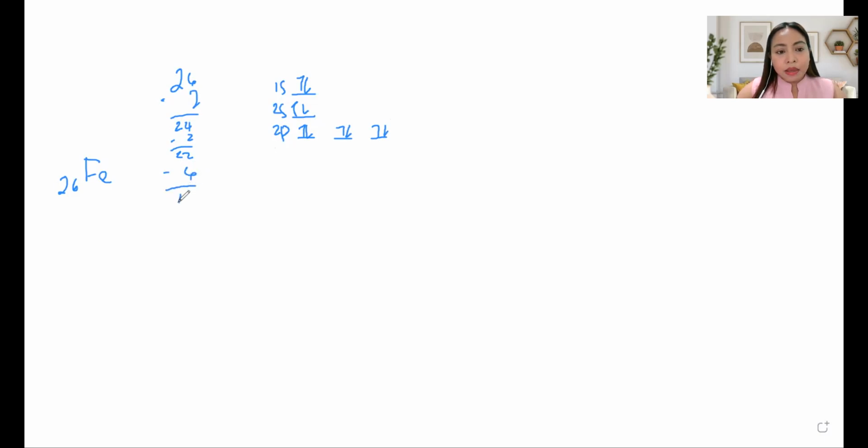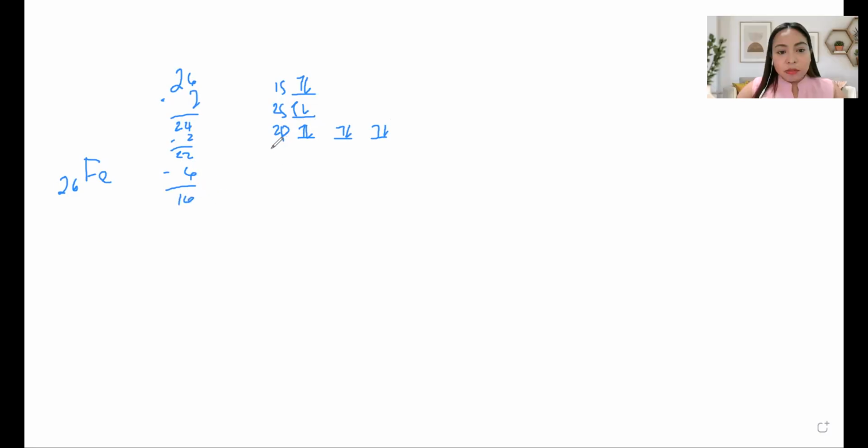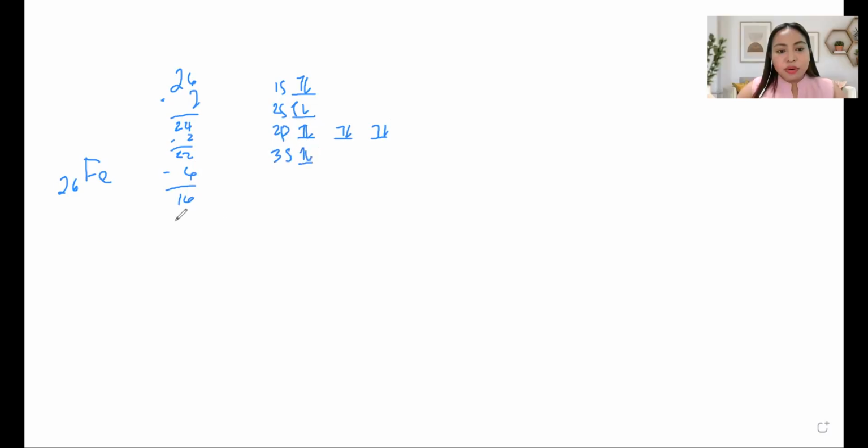Then followed by 3s, which has 2. Minus 2, you are left with 14. Then followed by 3p, which has 6 electrons, once each degenerate and then pair after.